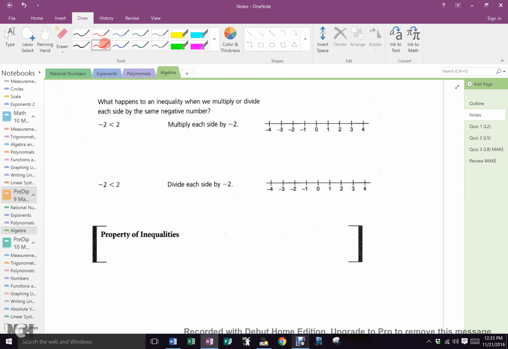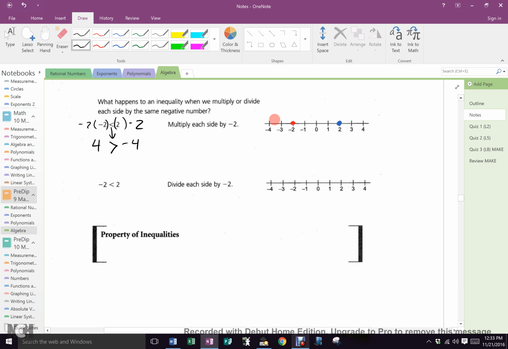So now we've got our red dot at -2 and our blue dot at +2. Now we're going to multiply each of these by -2. What do I get on the left? +4. What do I get on the right? -4. What happens to the arrow? It flips.